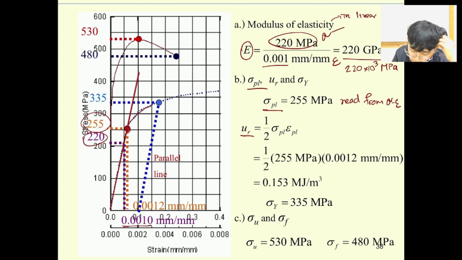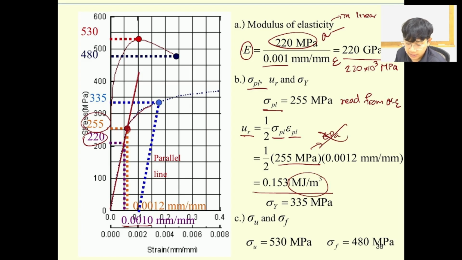Modulus of resilience is again the stress at proportional limit multiplied by the strain at proportional limit, and then I'm going to get the unit for this one. You don't have to convert this one into gigapascal. You can use megapascal, and then you're going to get MJ over cubic meters over here.